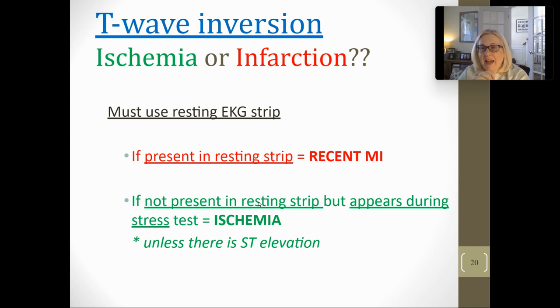Now, if you do an EKG and they tell you all the symptoms and their T waves are normal, and then we put them into a stress test, like on a treadmill, and the T waves flip upside down during the stress test, so it's normal at rest but once they start to exercise those T waves flip upside down, that means they have ischemia. That doesn't mean they had a recent infarct, it just means they have ischemia.